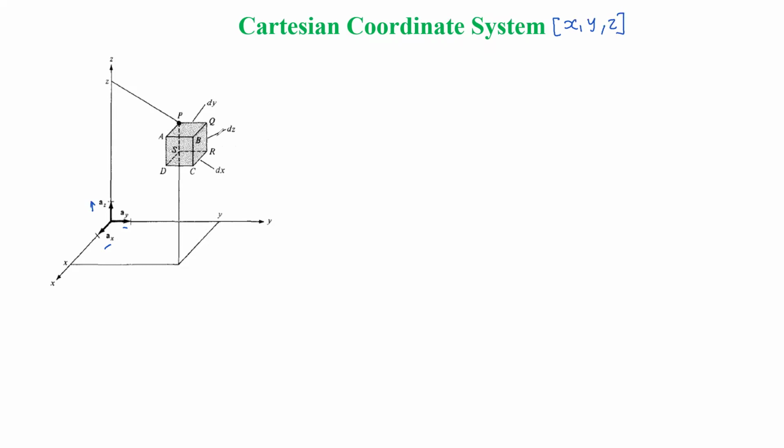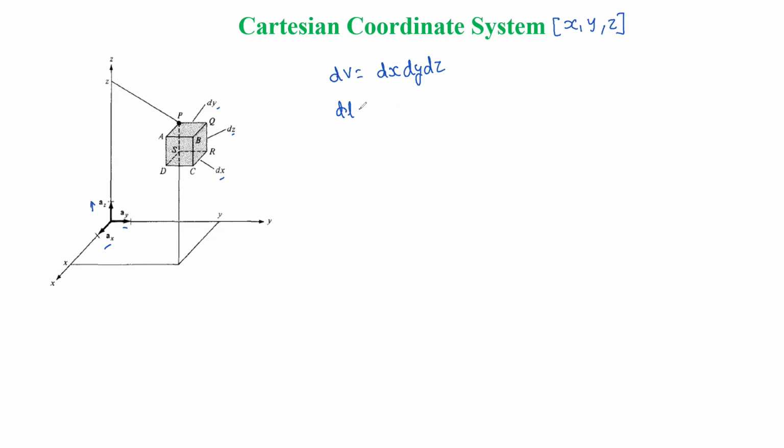Finally, this differential volume is considered here. Its dimensions are dx, dy, dz. So the differential volume you can write easily: dv equals dx dy dz.